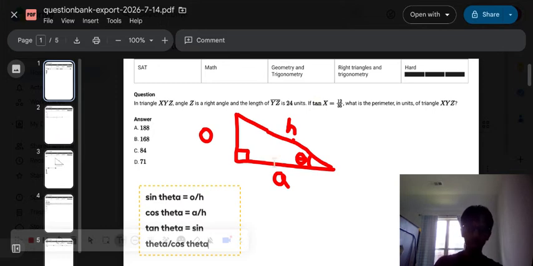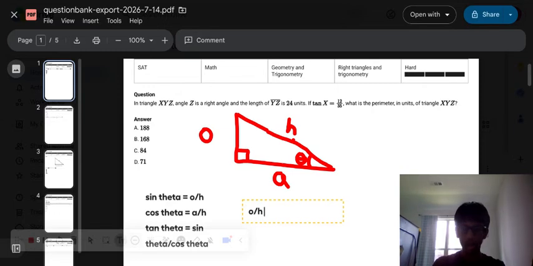Simplifying this out, remember your sine of theta is equal to opposite over hypotenuse, in parentheses, divided by your cosine, which is adjacent over hypotenuse.